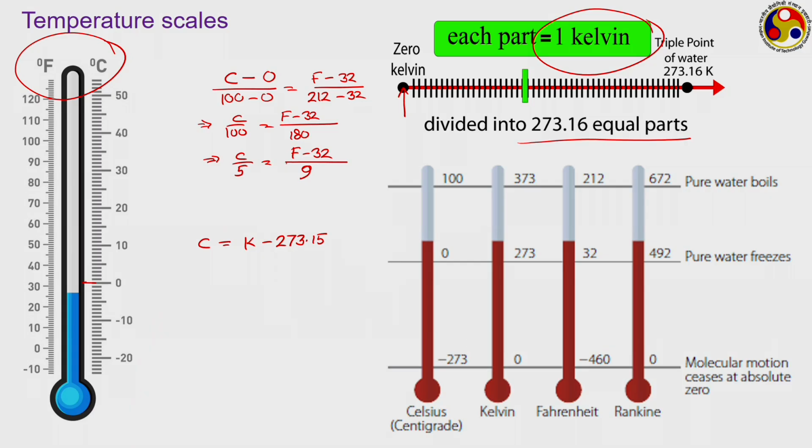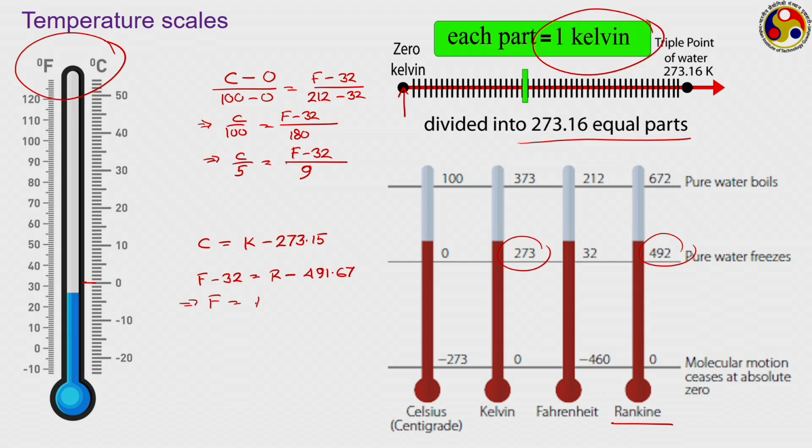Similarly, for the Rankine scale, which is the absolute version of Fahrenheit scale, F minus 32 will be equal to R minus 491.67, because 491.67 is the reference for ice point in Rankine scale. For simplicity it has been marked as 270 and 492 in the diagram, but I am giving you the exact value.